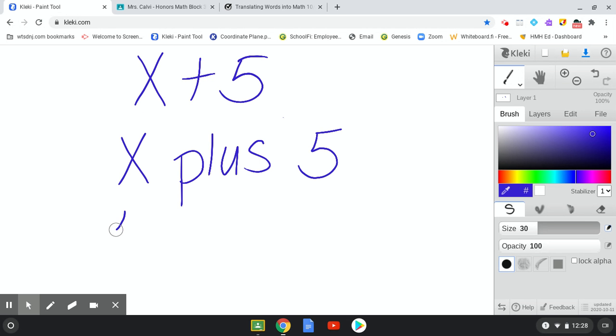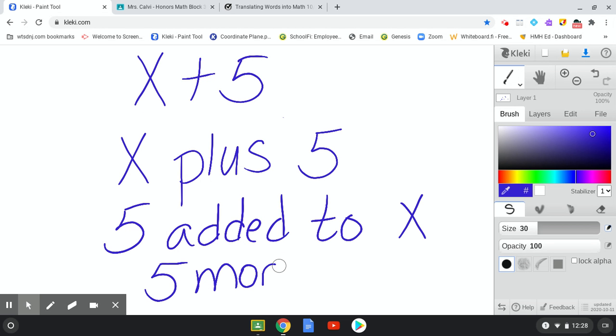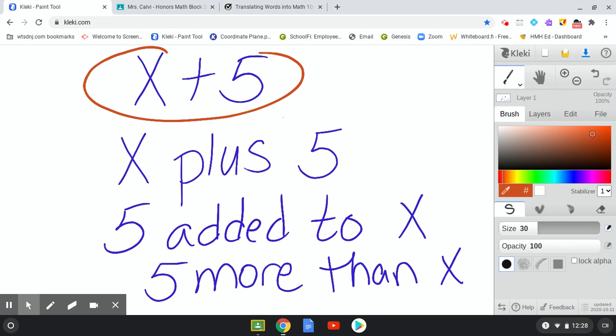I can say 5 added to x. That's where the chart comes in handy. I could say 5 more than x. These all mean the same thing. So x plus 5, remember, this is the algebraic expression.